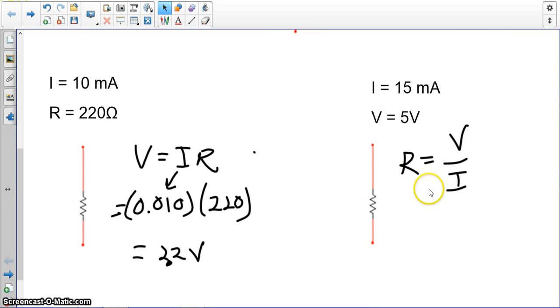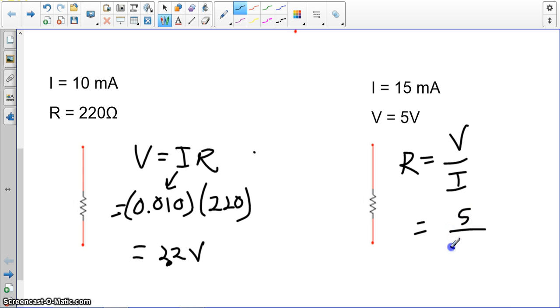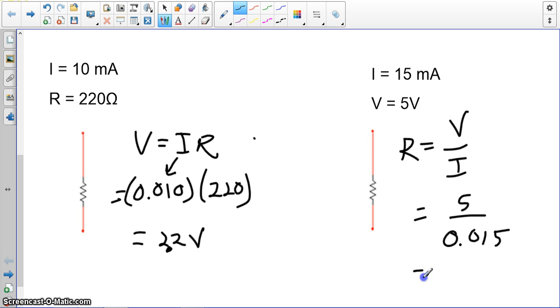So this is equal to 5 over 0.015, and that is equal to 333.3. What are we looking for? Resistance, so it's going to be in ohms.